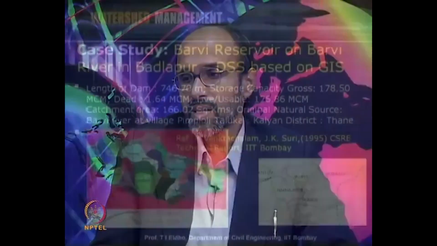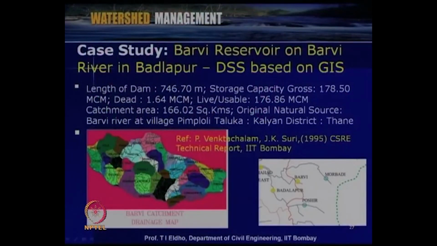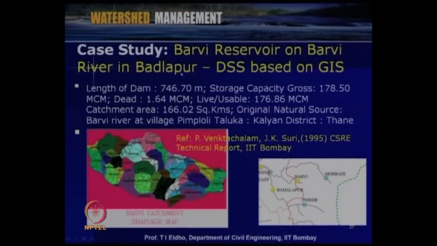This case study is the Barvi Reservoir on the Barvi River in Badlapur, Maharashtra. This is the Barvi River and this is the reservoir area. These details are taken from a paper and a report by Professor Venkatachalam and J.K. Suri in 1995. This is the Barvi catchment drainage map.